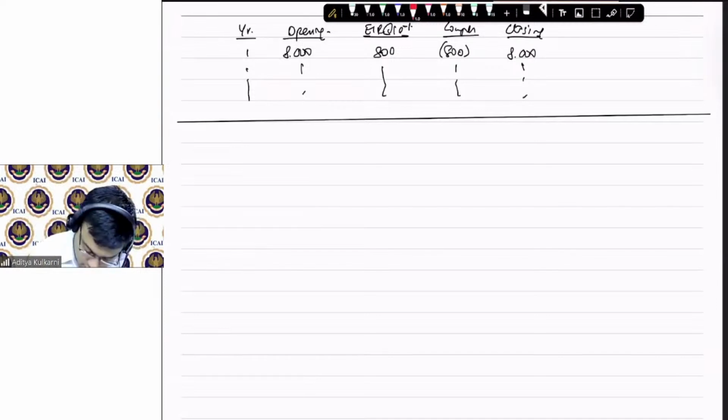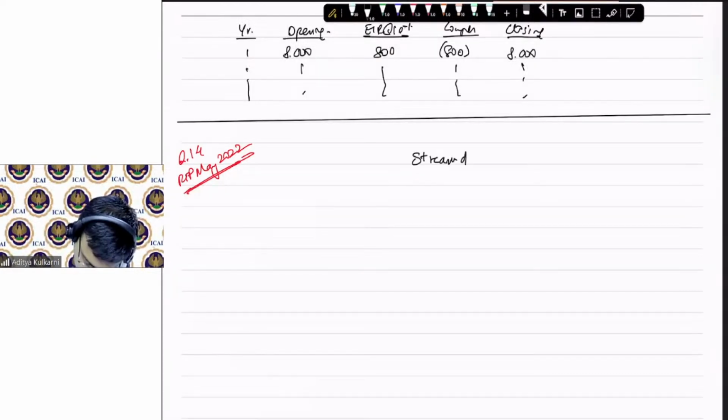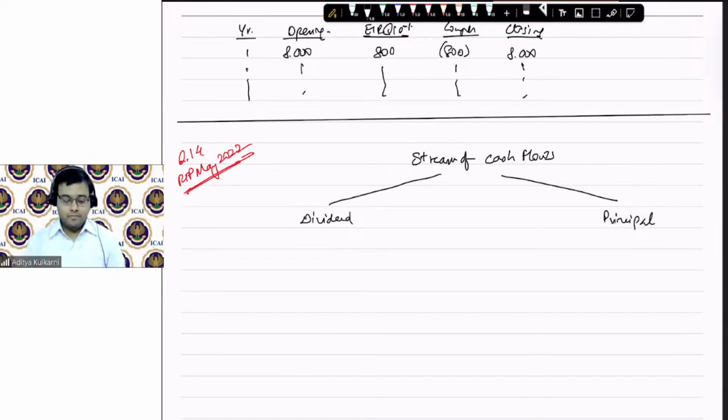this is question 14. RTP May 22. Okay. So now let us look at the stream of cash flows. Dividend, principal.